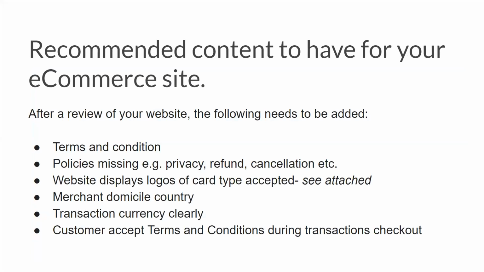Because, of course, if you're dealing with some form of commerce, whether e-commerce or a local store selling stuff, you need to have a policy when it comes to refund or cancellation and so forth. So that's a requirement that you need to have on your site.